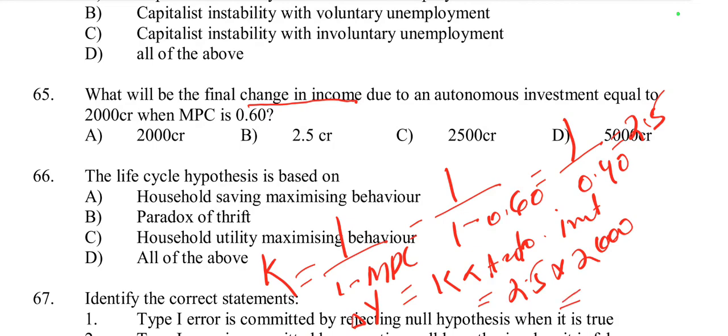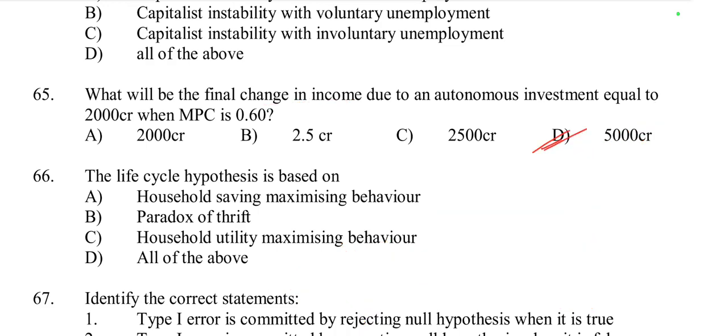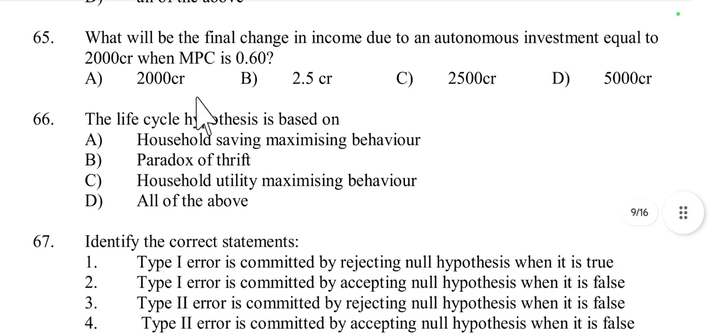So 2000 into 2.5 is equal to 5000. So the change in income is 5000 crore. So option D is right, 5000 crore.